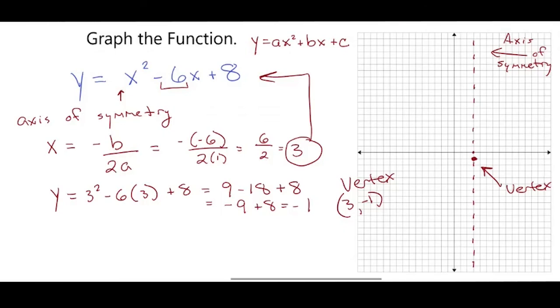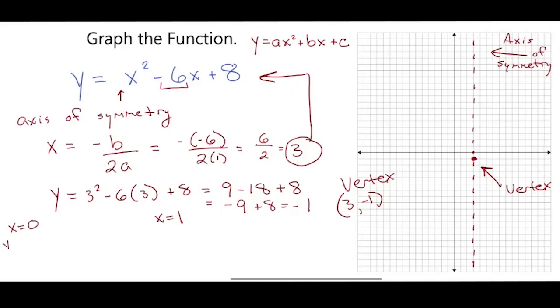Now I need to pick 2 other points. So I'm going to plug in x equals 0 and x equals 1. I will plug those into my equation and find 2 more points on this graph.